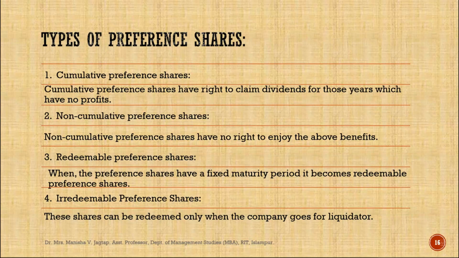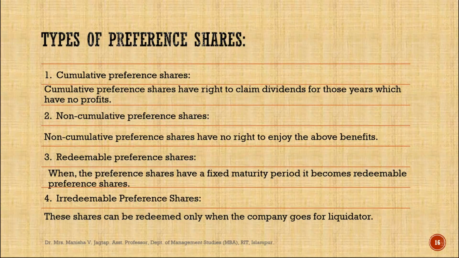That means the dividend of last year gets accumulated, and in the next year, whenever the company earns profit, the company has to pay the accumulated dividend to this type of preference share.